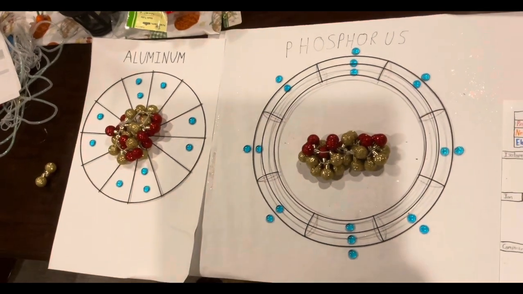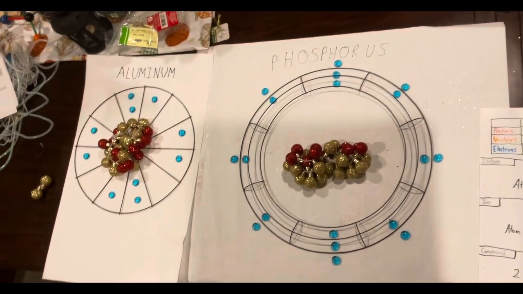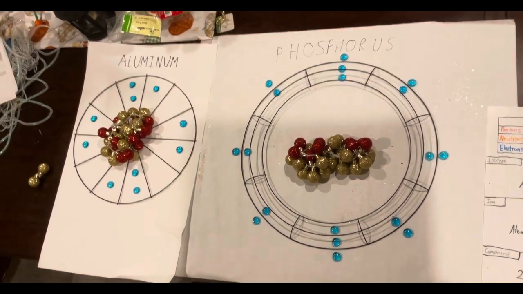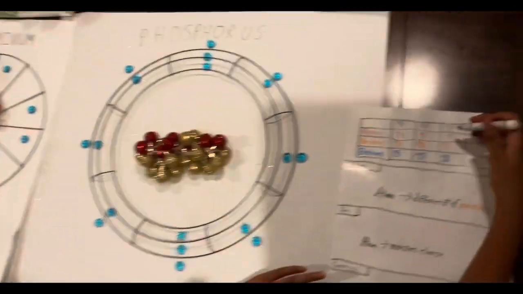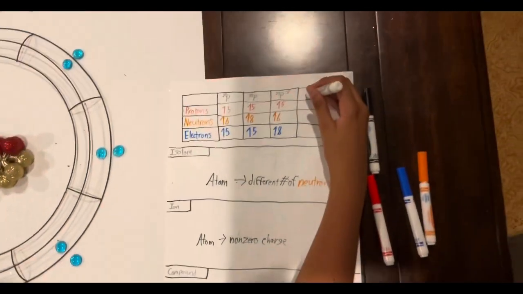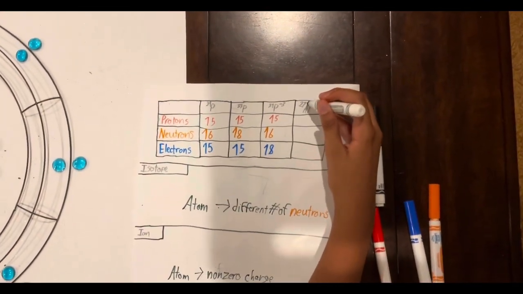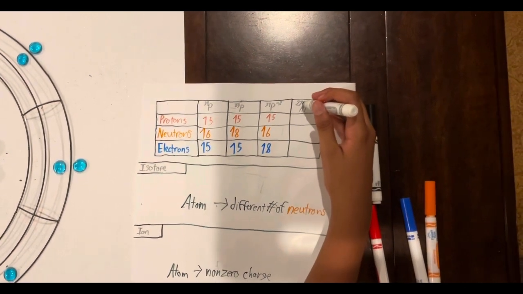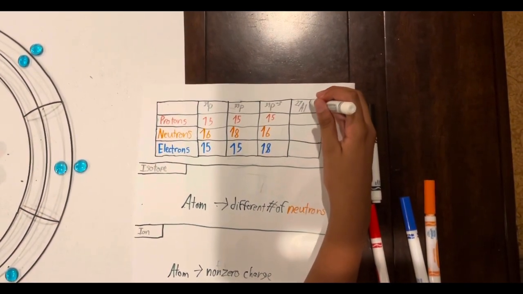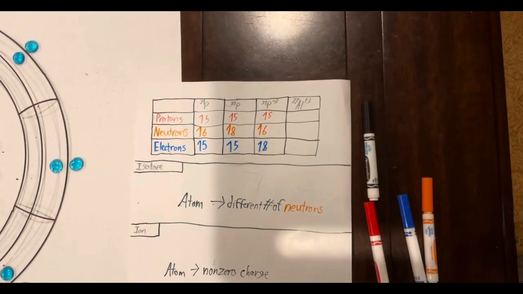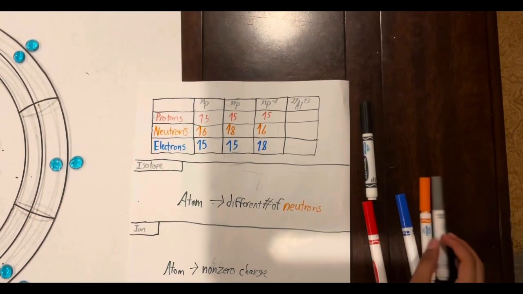aluminum. So let's inspect the stats of aluminum right here. This is specifically an aluminum ion. So it has an atomic mass of 27, and it has a charge of positive 3. And that's nice.